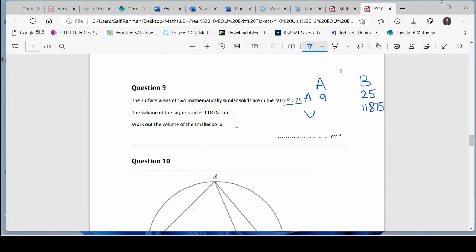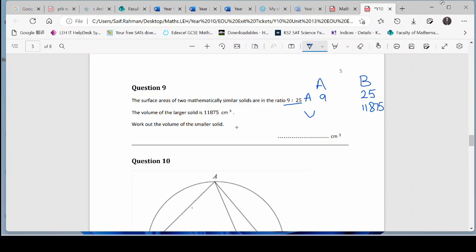To find the volume of the smaller one, the volume of the bigger one will be divided. It can only be divided when the scale factor is dividing. So we find a scale factor that is dividing, and that we can find: 9 divided by 25 gives us 0.36.